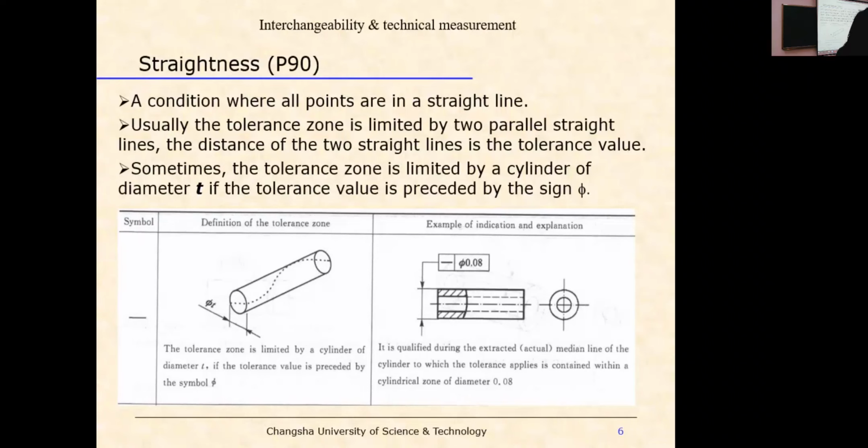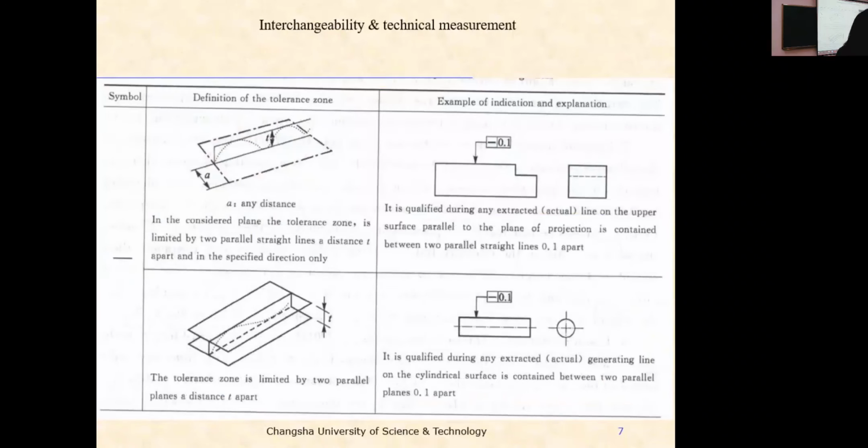Okay. And this one, this is the surface. This straightness tolerance is limited by a straight line. So this is the surface. So this has no phi, right?